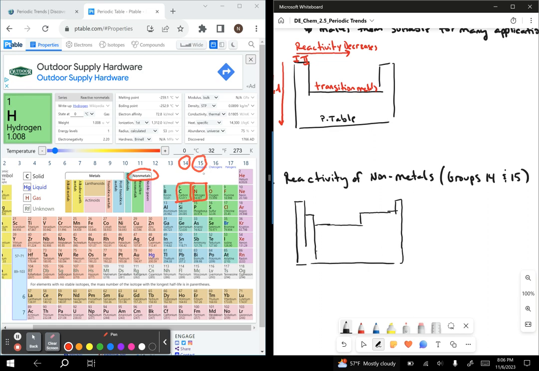And what did they say? 13, 14, not so reactive, but as you move this way, reactivity increases.